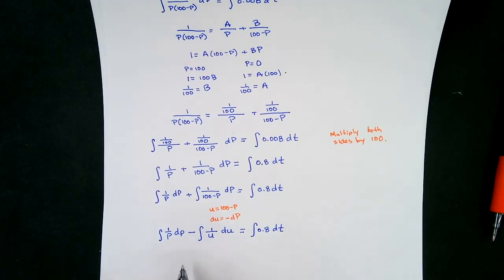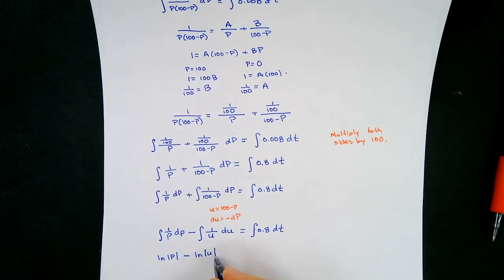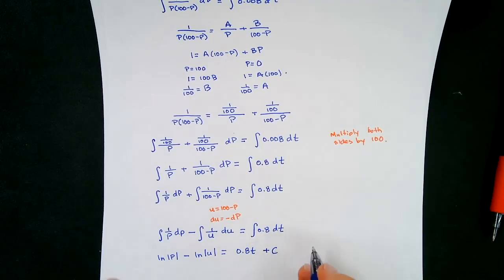All right. So then what happens here is this is the natural log of the absolute value of p minus the natural log of the absolute value of u is equal to 0.8t, and then we have to remember plus some constant c. The way we're going to figure out this constant is by the initial condition that was given to us.